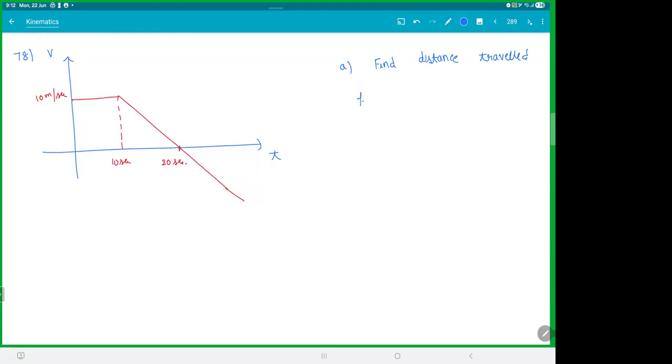Find distance traveled from t is equal to 12 to t is equal to 18. 28 seconds. Find time when the displacement is 0. Make it 30. So find distance traveled from 12 to 30 seconds, and find the time when the displacement is 0. This is a standard mains one. Let's get it.